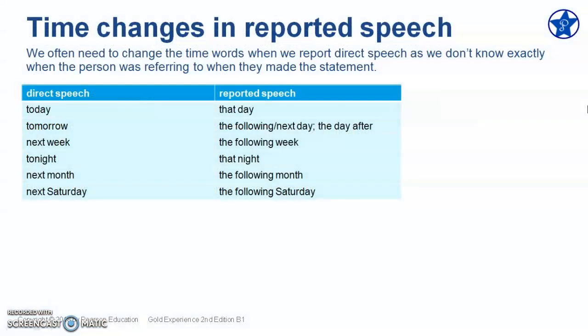We often need to change the time words when we report direct speech, as we don't know exactly when the person was referring to when they made the statement.